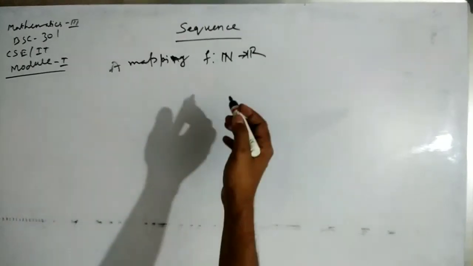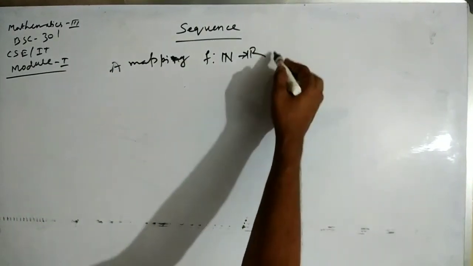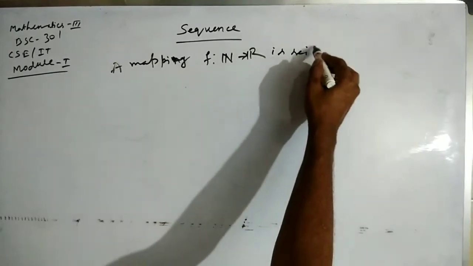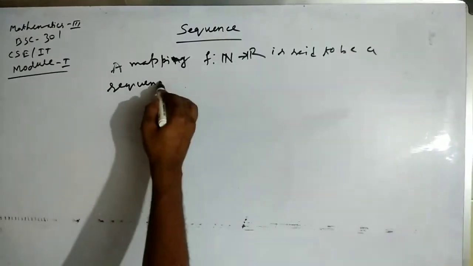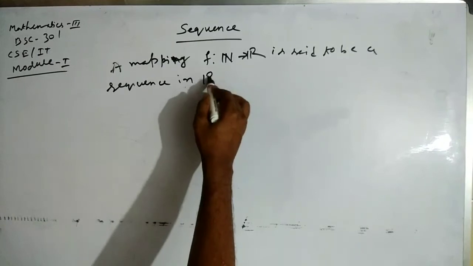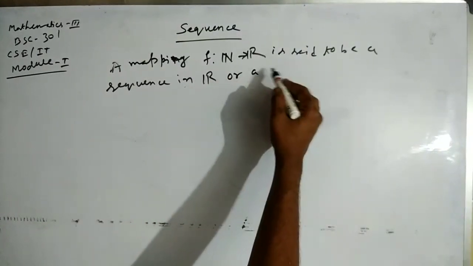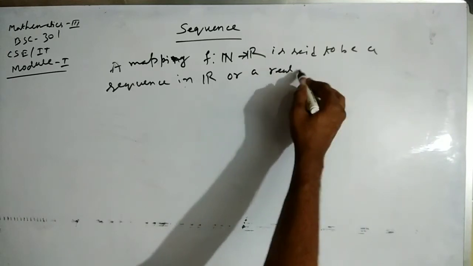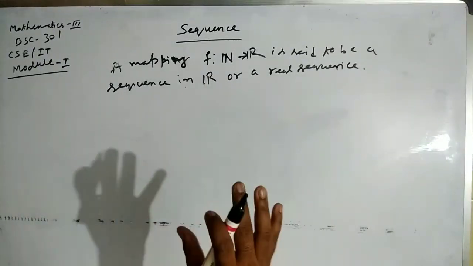A mapping or function from natural number to real number is said to be a sequence in real number, or you can say a real sequence. So a sequence is nothing but a mapping from natural number to real number.